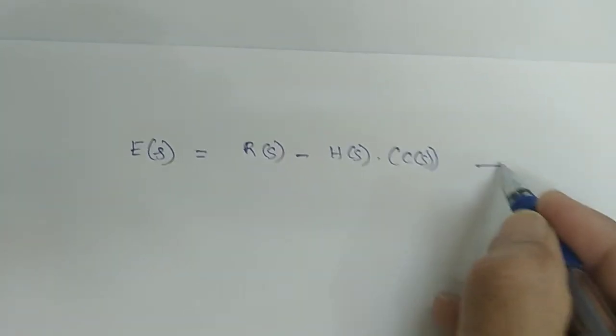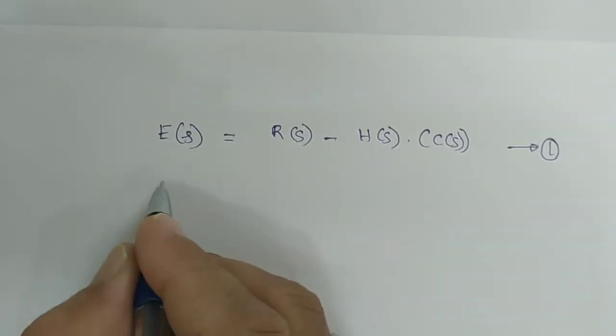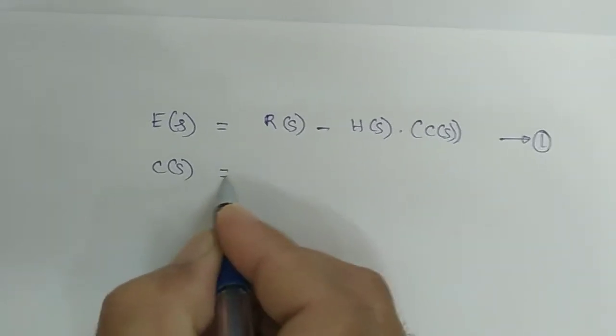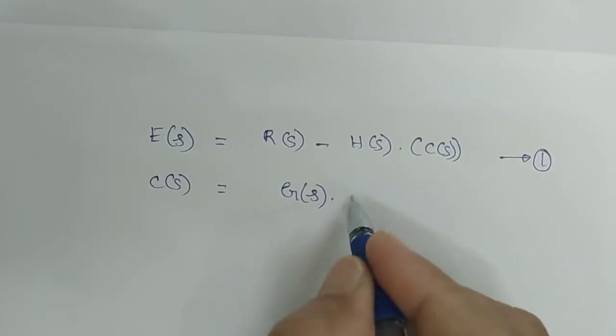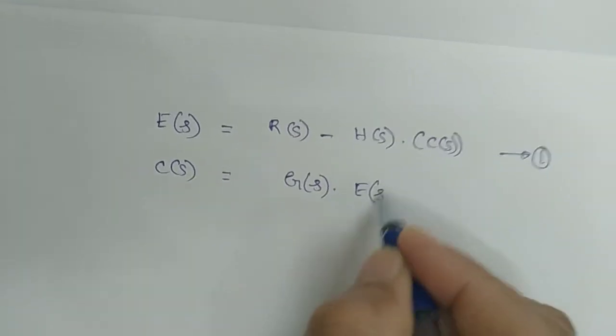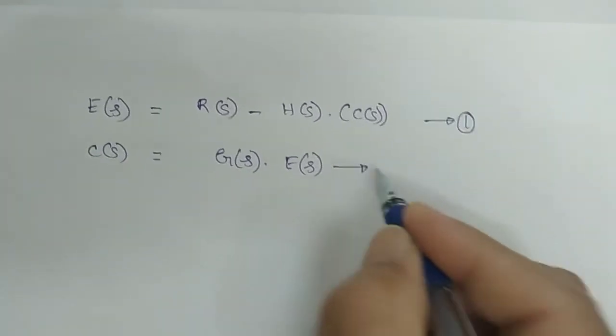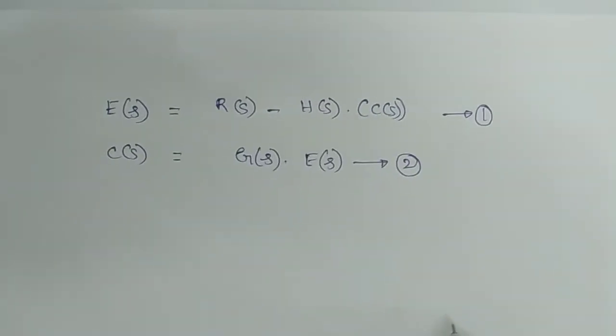This is your first expression, and the second is C(s), the output expression, which is nothing but gain G(s) into E(s). E(s) means the error signal. These are the two expressions.